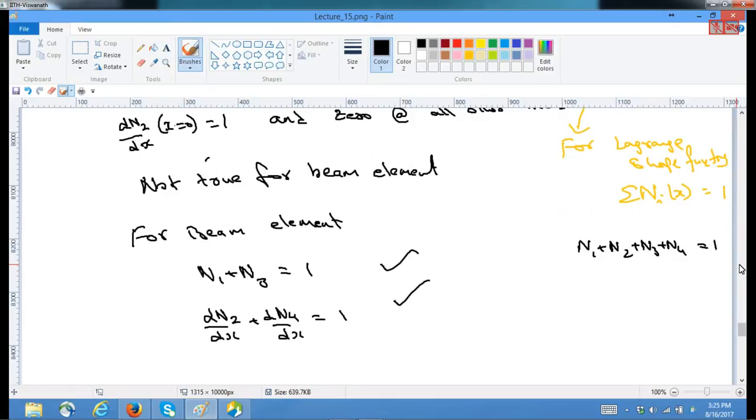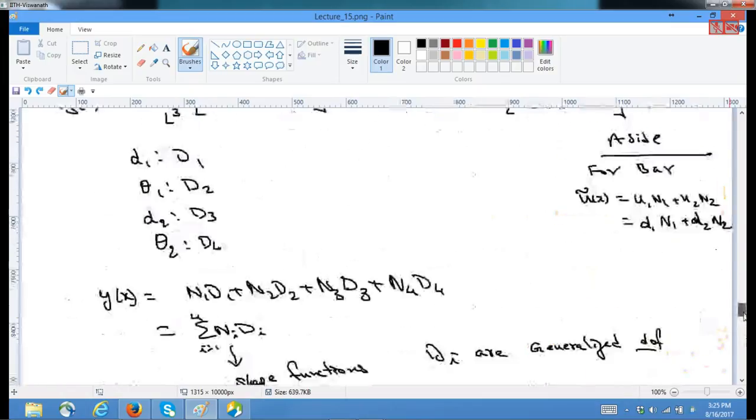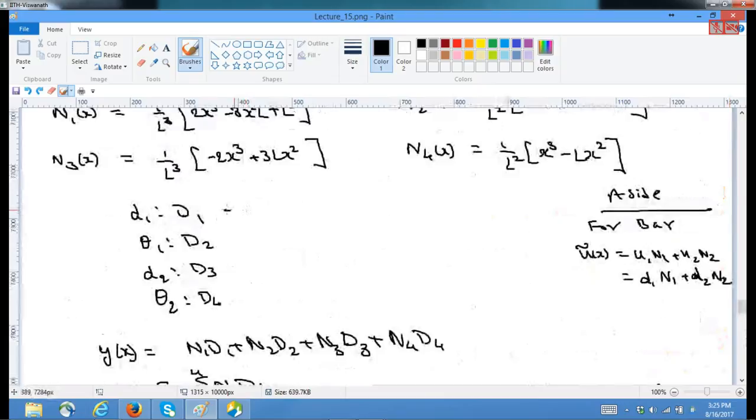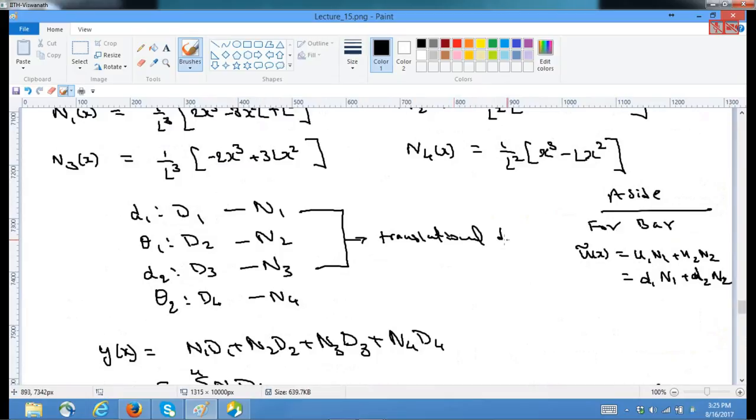And why it is only true for this order is because of the shape functions. If you look at it here, this corresponds to shape function 1, this to shape function 2, this to shape function 3, and this to shape function 4. So these two are related to translational degrees of freedom.